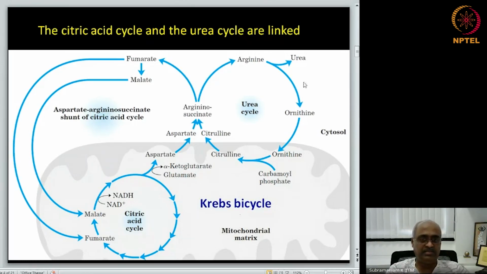This is the main cycle here, and here this is the main cycle. The oxaloacetate getting out of this main path is what we call an aspartate shunt. Similarly, arginosuccinate goes this way, but this portion is a shunt and a side track where it becomes malate and enters the TCA cycle. This is how the TCA cycle and urea cycle are linked. But the linkage requires a dynamic flux between cytoplasm and mitochondria, so it is all regulated based on the concentrations of individual molecules that you see mentioned here.